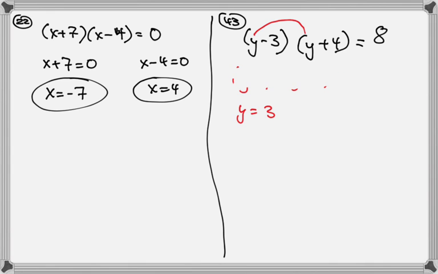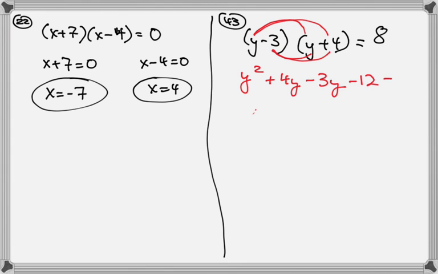We have to multiply. So that gives you a y squared plus 4y minus 3y minus 12 equals 8. So if it's not equal to 0, one more time, everybody, if you listen to this again, if it is not equal to 0, your two factors, you must multiply.